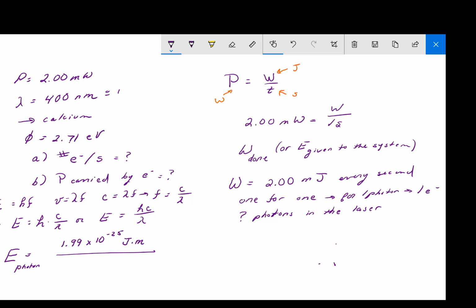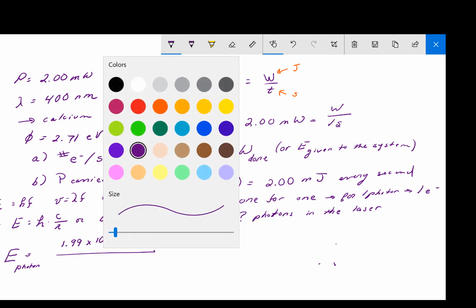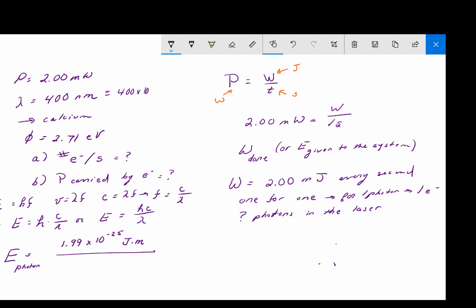So then I'm plugging in the numbers. I have to be careful what number I use for hc. I want to take joules per meter because I have my work in joules. And if I've got joules per meter, that means my wavelength has to be in meters too.